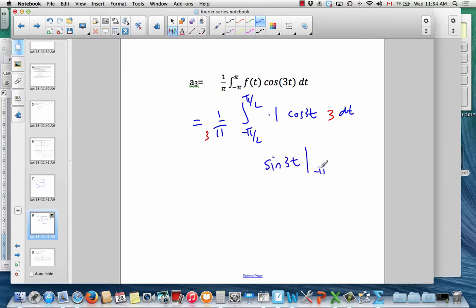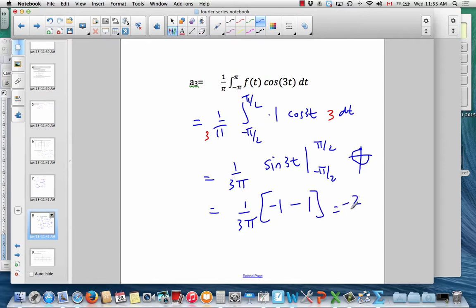We've got to put in the limits. Which we do. So this is the sine of 3 pi over 2, which is minus 1. And this is the sine of negative 3 pi over 2. Well, negative 3 pi over 2 puts us up here, so the sine function is again positive. So that's minus 2 over 3 pi.